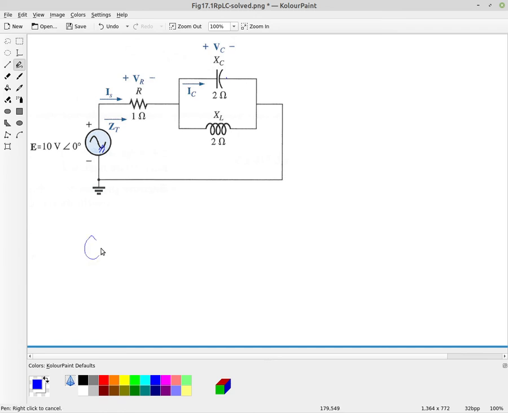Again, we would come up with an equivalent circuit where we would have this impedance here, which is just the resistor.